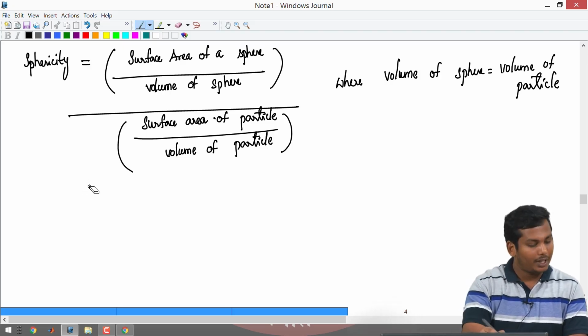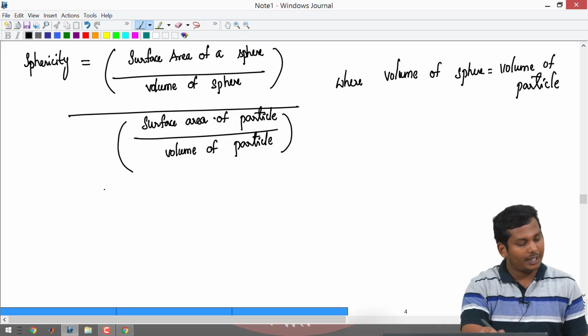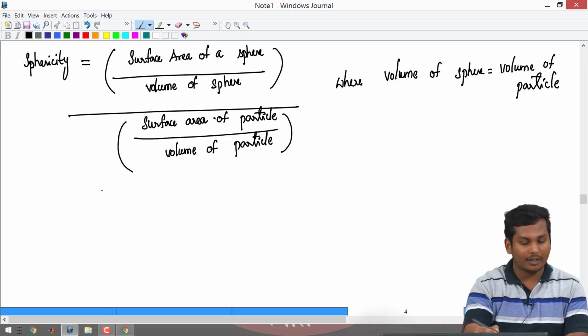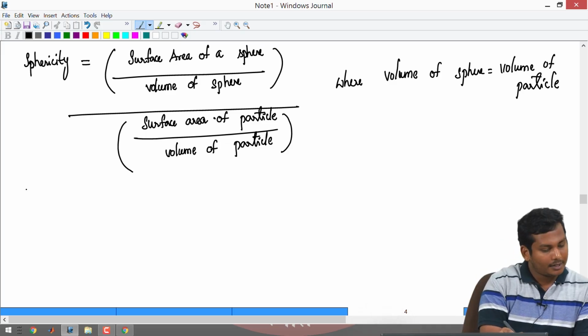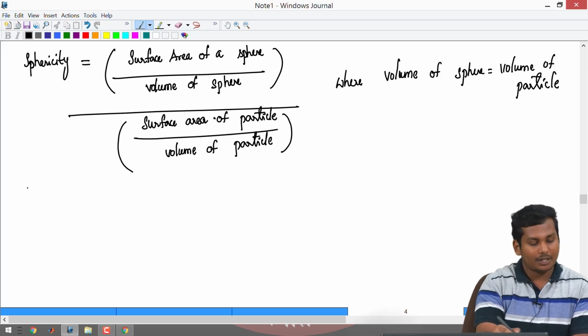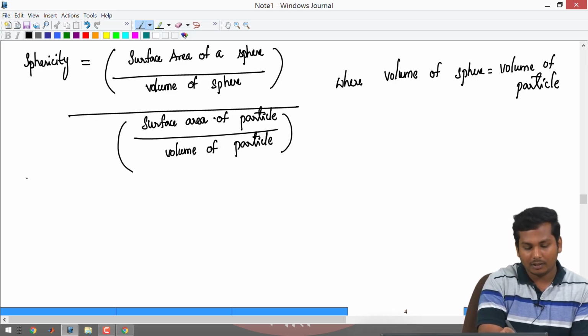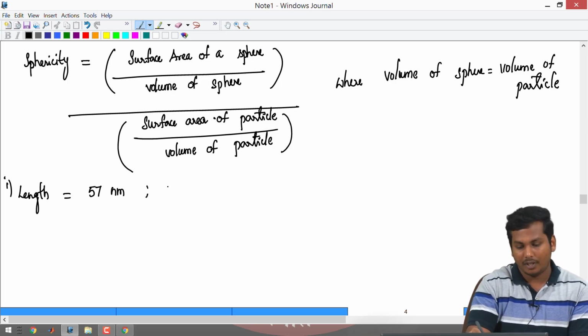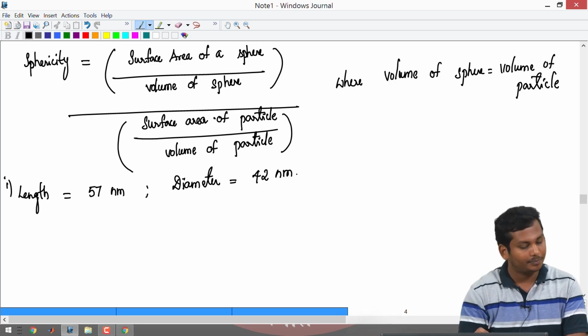So, here we were given the hematite ellipsoids. Let us look at the first case where length equal to 57 nanometers and diameter equal to 42 nanometers.